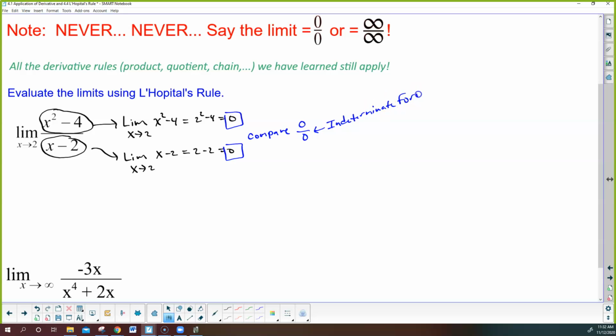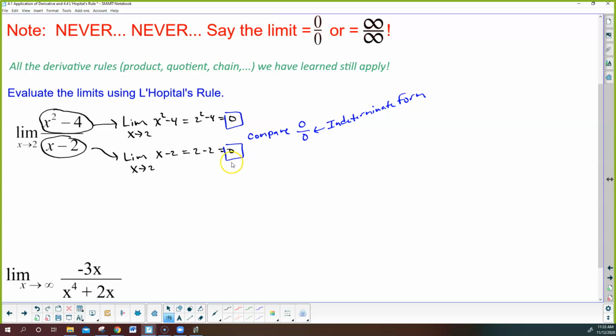Why do we say it's indeterminate? Because we cannot determine which function is going to 0 faster. We know that both limits are approaching 0, but a limit isn't an answer. A limit is what we're approaching, so we don't know what the outcome is.